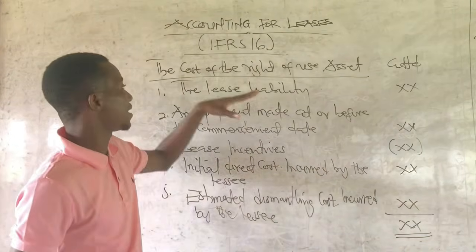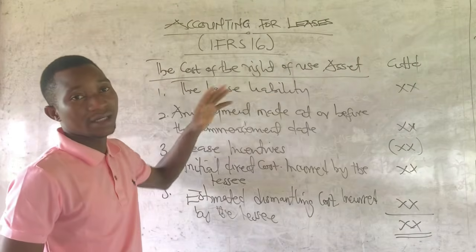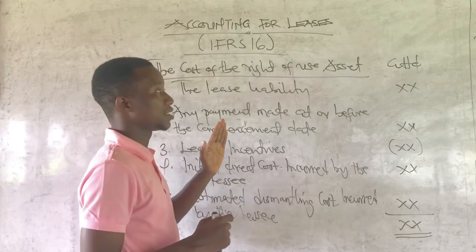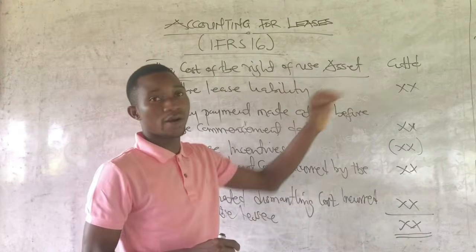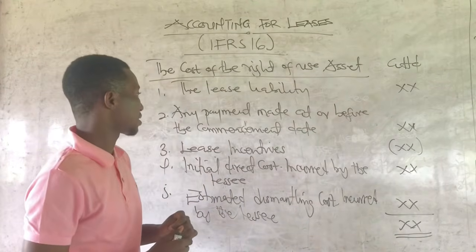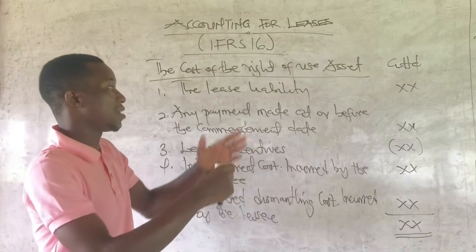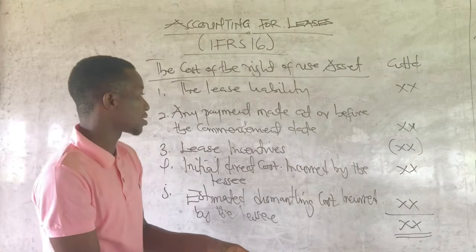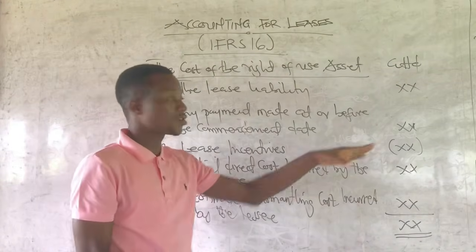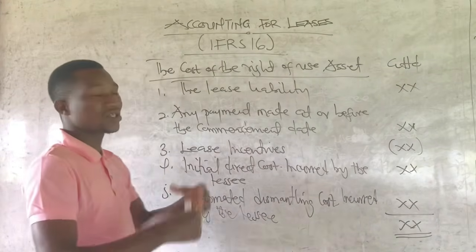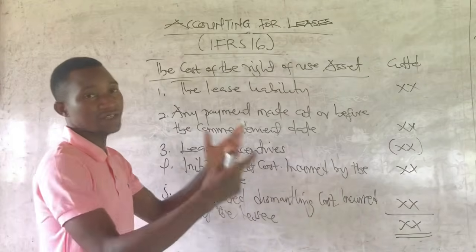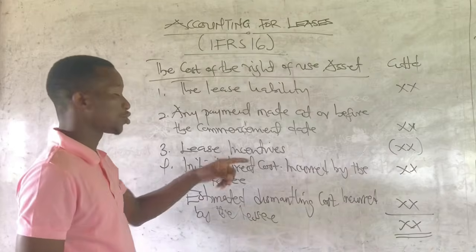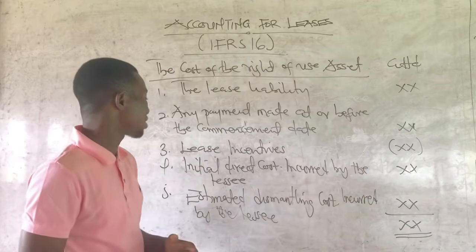Remember that with the lease liability, that is the amount of the initial measurement of the lease liability. That is what is going to be recognized under the right of use asset. And if there is any payment made at or before the commencement date, it should be included in the right of use asset. And if the lessor gives out incentives to the lessee during the lease contract, it's supposed to be taken off from the right of use asset.